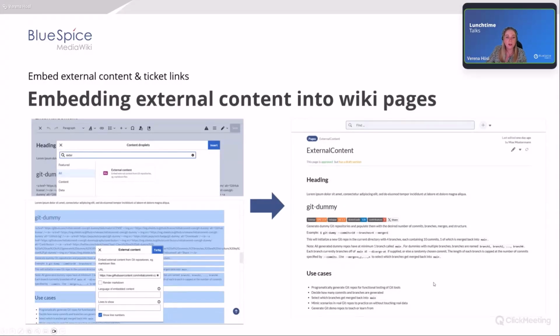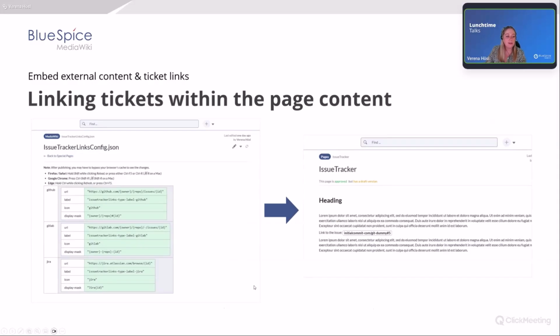Regarding the linking of the tickets, as I said previously, you can define some patterns over here. Therefore, we introduced a new MediaWiki page, which is called Issue Tracker Links Config. In this case, I have three ticket systems inserted. Those are GitHub, GitLab, and Jira, for example.